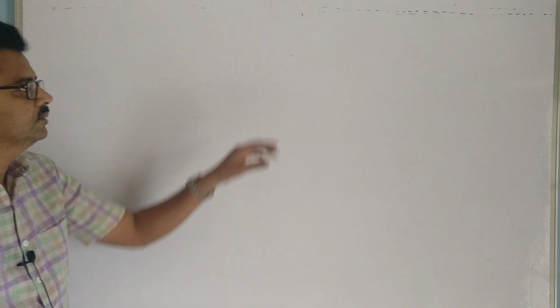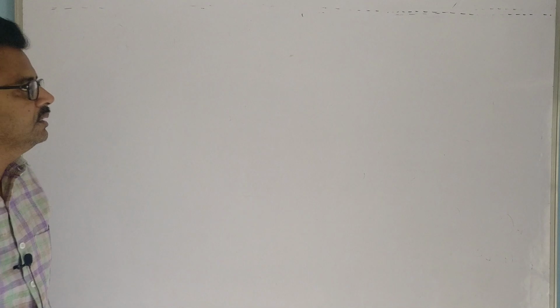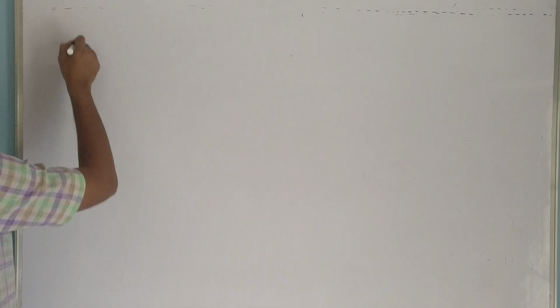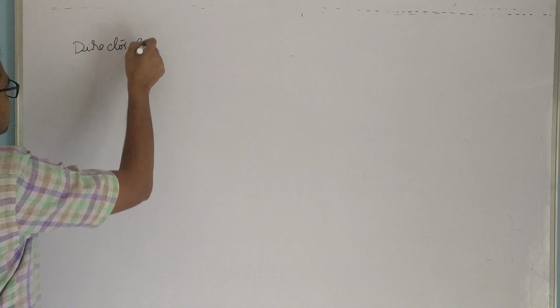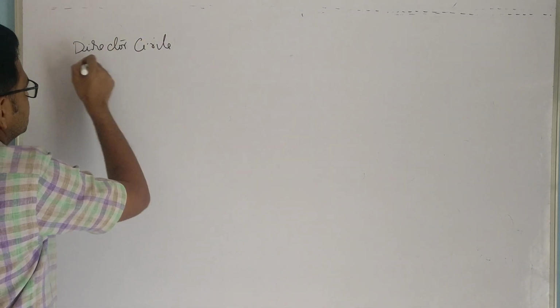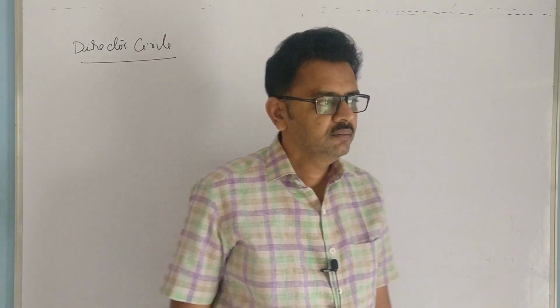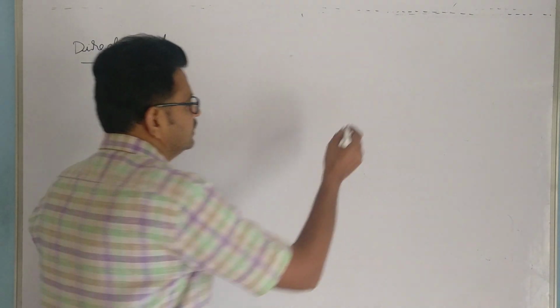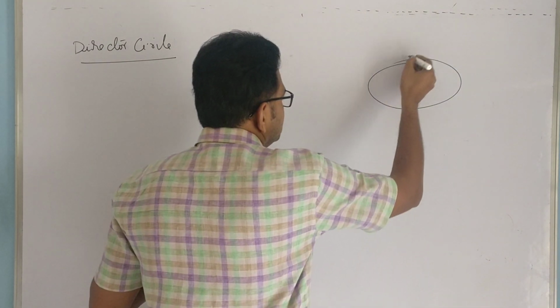Today we discuss the director circle and auxiliary circle of the ellipse. Director circle means, see, this is an ellipse.